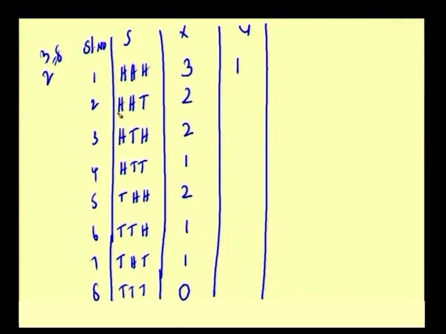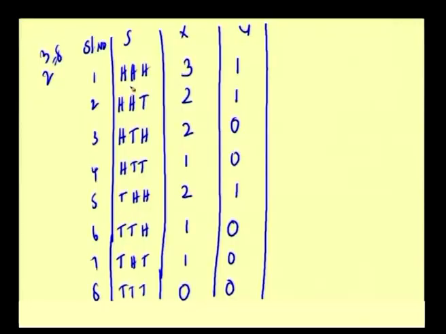And similarly here 2 heads occurring together is only once, 1. There are no 2 heads occurring together here, therefore 0. Here also 0, then 1, 2 heads. There is no head run here, no head run here, no head run. So y value is 0. The y takes the values 0 and 1, according to the sample space.